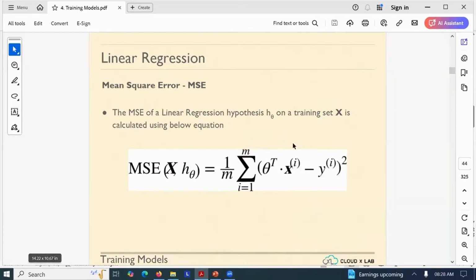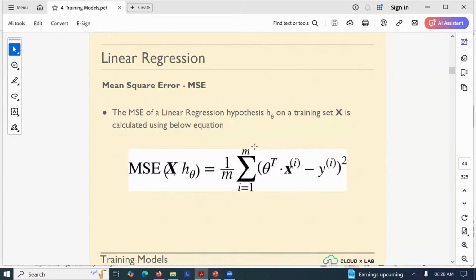Slower, because we need to first calculate the total error, the complete error using all training examples. So we need to first calculate this quantity, then only we can calculate the differentiation part, right? So if you use batch gradient descent, then the gradient computation step will be heavy and will take a longer time, right?